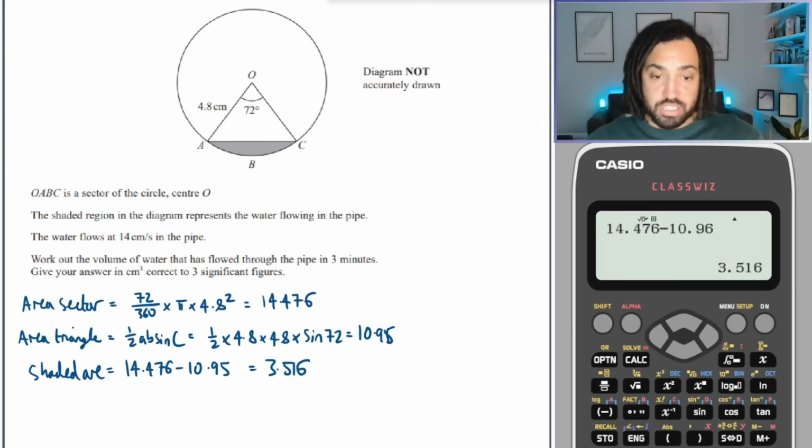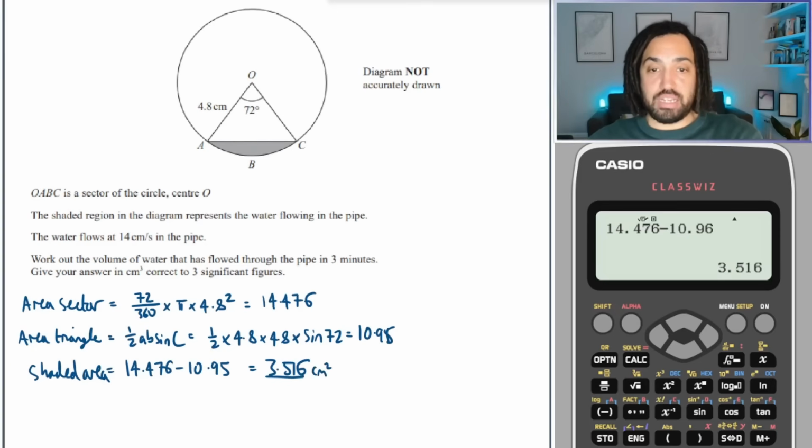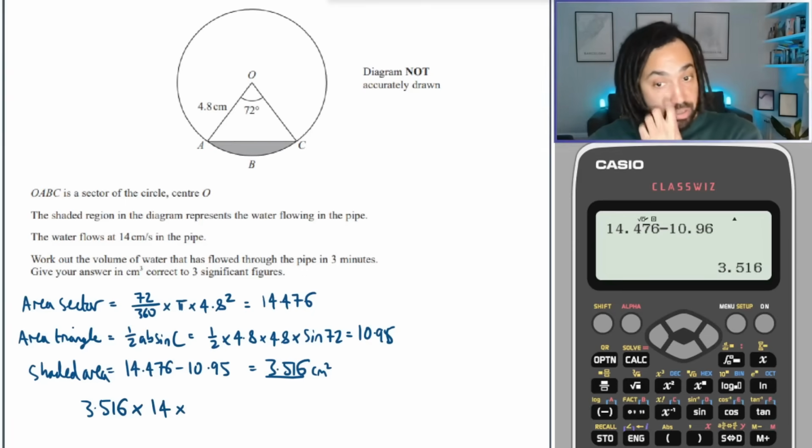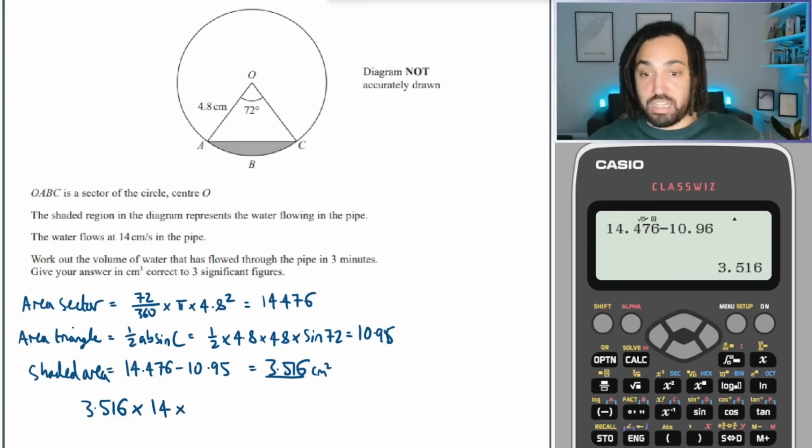Okay, so that is the shaded area in centimeters squared, and then we need to multiply that by the flow rate. So 3.516 needs to be multiplied by 14 centimeters per second, and that is happening for 3 minutes.